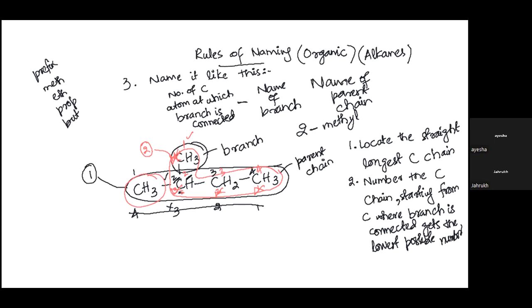But the branches have the suffix il. Il goes for branch, and ane goes for the alkane or the parent chain, right? So 2-methyl, and then there are 1, 2, 3, 4 carbon atoms in total. So that is but and ane. 2-methylbutane would be the complete name.